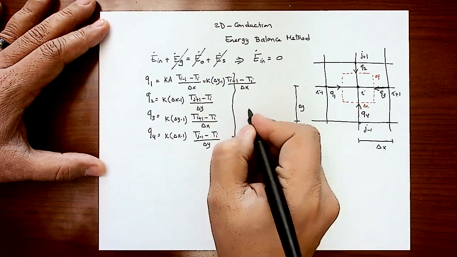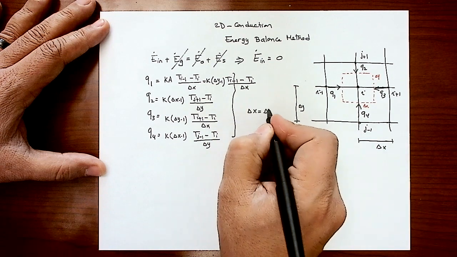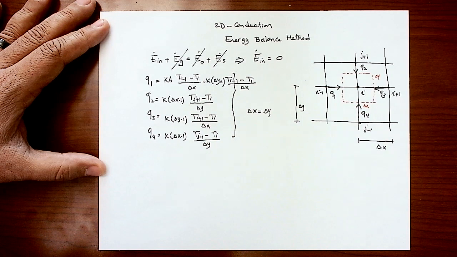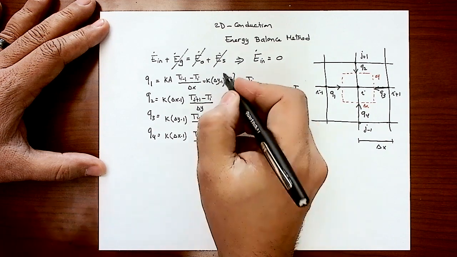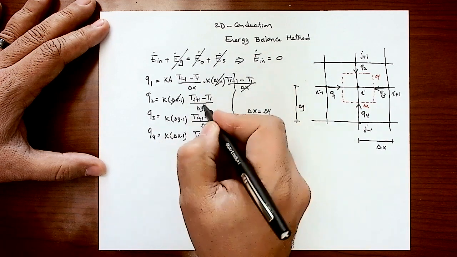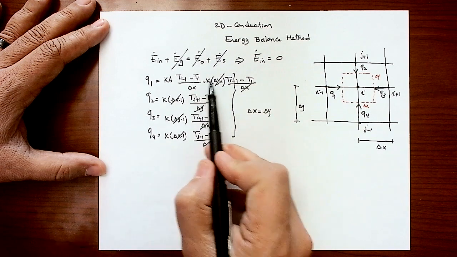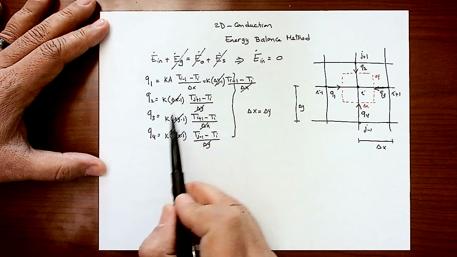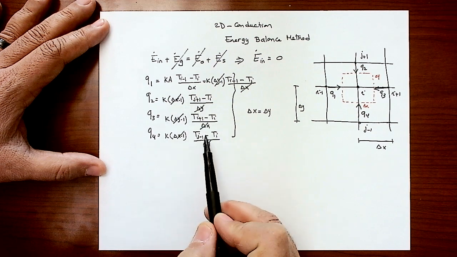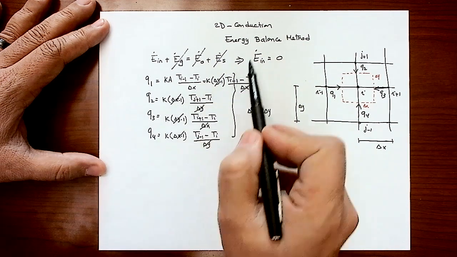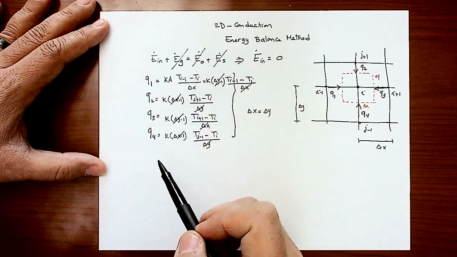Again, for simplicity, we choose delta X equal to delta Y. If it is not, you have to be careful when you simplify that. If you do that, you'll find this will cancel out, this will cancel out, this cancel out, this cancel out. So I'm going to end up having K times this term, K times this term, K times this term, K times this term, and I'm adding up all of them and it equals 0. I can take K as a common factor.